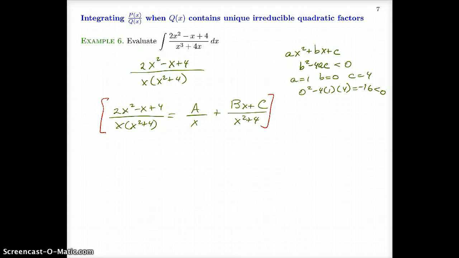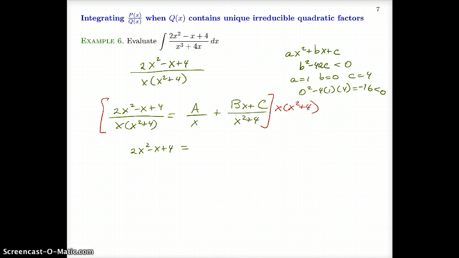Okay. So once you've done that, then actually finding a, b, and c is always pretty much the same procedure. So we are going to multiply both left and right of this equation by x times x squared plus 4. On the left, we're just going to have 2x squared minus x plus 4, since the whole denominator factors.